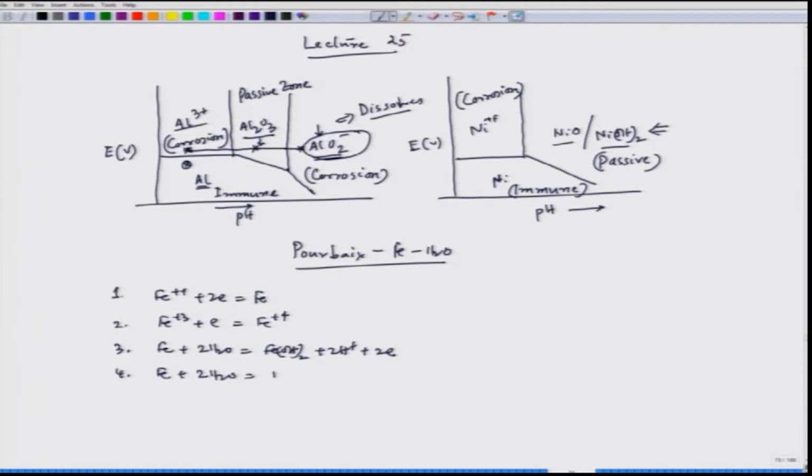So, I am just writing down all the possible reactions that could take place when iron is exposed to aqueous medium. Fe plus plus. I am just writing down all the reactions.